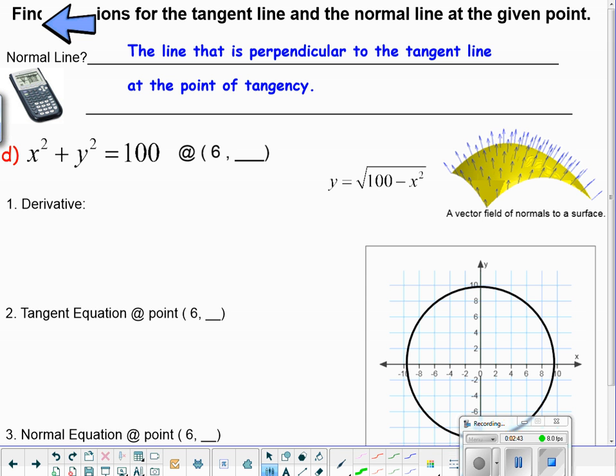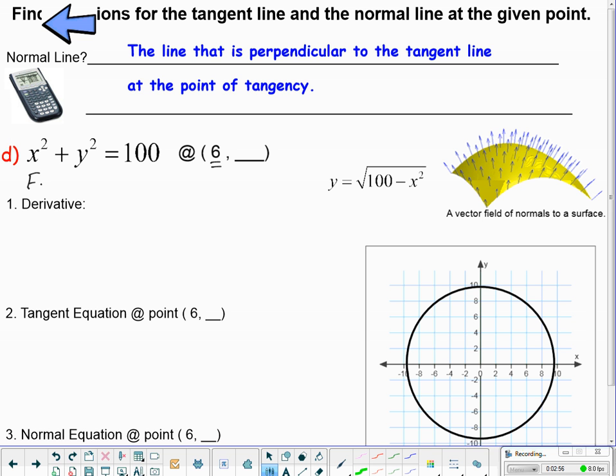So we have a circle equation, x squared plus y squared equals 100. And I want to find the point of tangency to be 6, something. If I plug in 6, let's just find y here. Let's find y. I'm going to plug 6 in. 6 squared plus y squared equals 100.